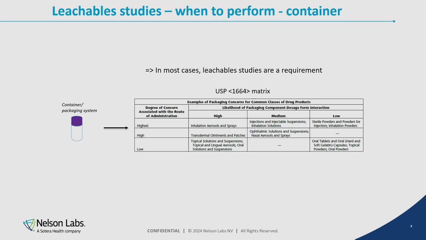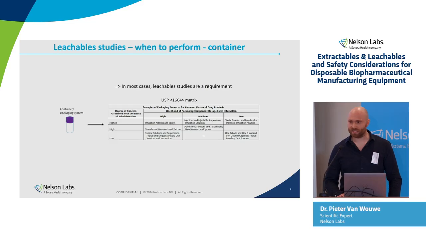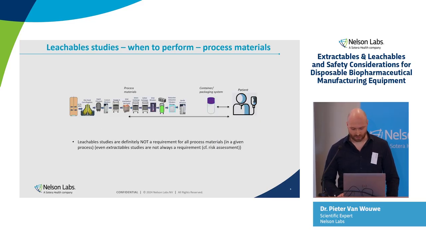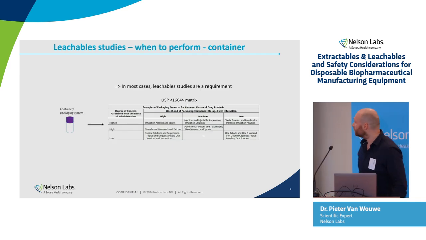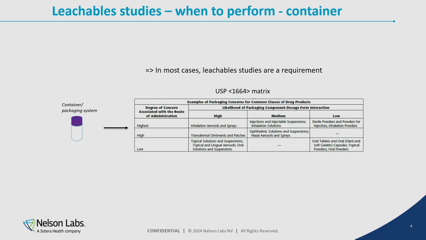So nowadays, I would say that in almost all cases for a container closure system, you would need to do extractable and leachable testing. Maybe the only exception would be the right corner below in the table, the oral tablets and oral capsules. There you could get away with some limited extractable testing and compendial testing.